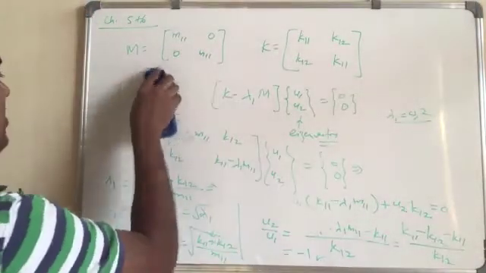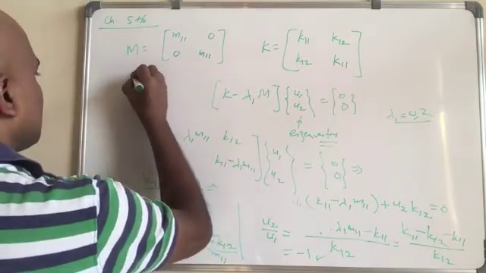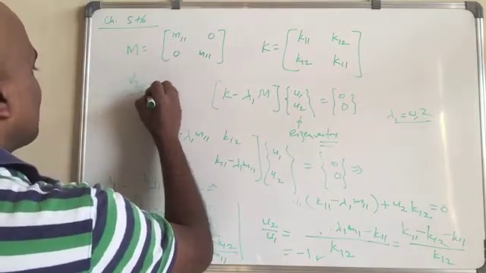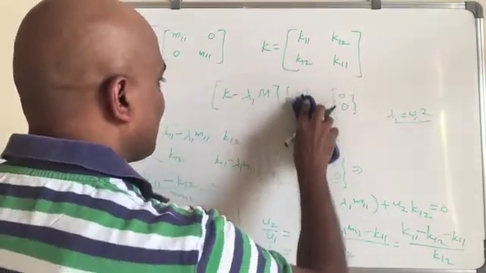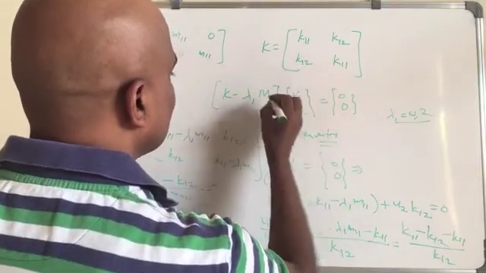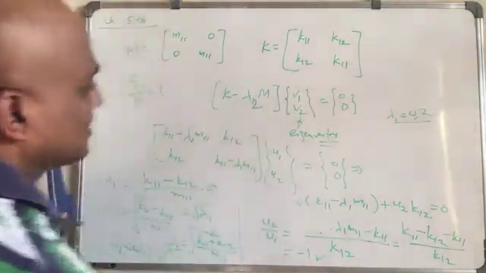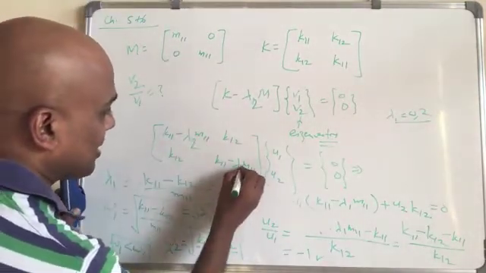Okay, the next problem is V2 over V1 you have to find out. So the V2 over V1 equal to what? Where V1, V2 are the eigenvectors associated with the second one. So this is V1, this is V2, and this is lambda 2 here. You have the same lambda 2 here, lambda 2 here.